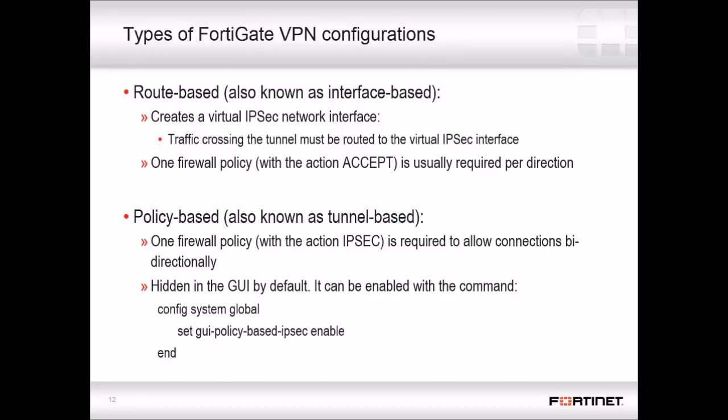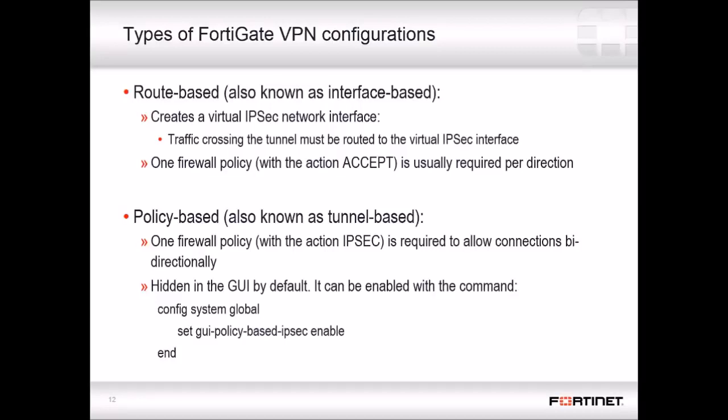There are two ways of creating an IPsec VPN configuration on a Fortigate device: route-based and policy-based. On one hand, when you create a route-based Phase 1, a virtual IPsec interface with a Phase 1 name is automatically added to the Fortigate device. Usually, 2 firewall policies with the action of accept are required in this case.